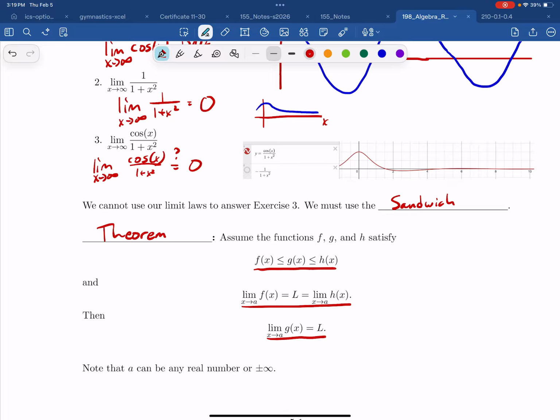Probably won't make a whole lot of sense without doing an example, but the basic idea is that if a function is bounded above and below by two other functions that have the same limit, then our function has to have the same limit as well.